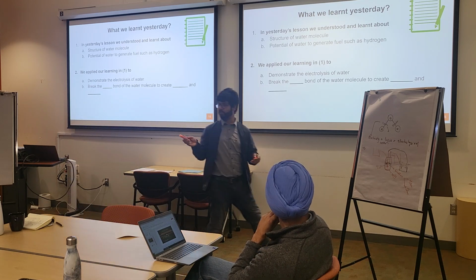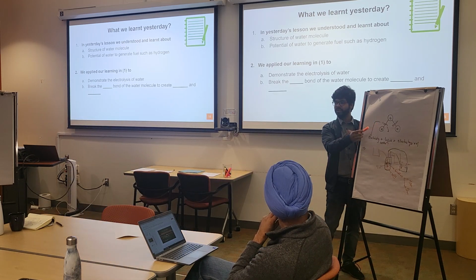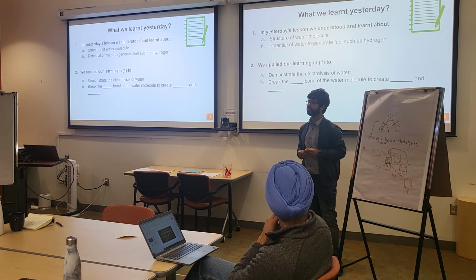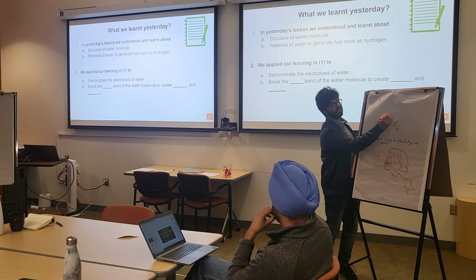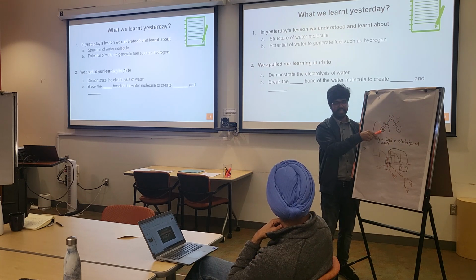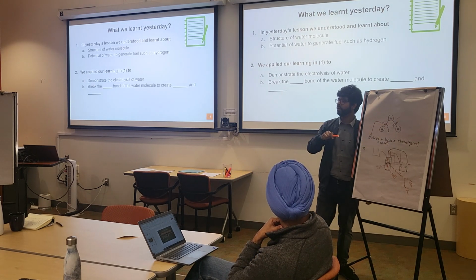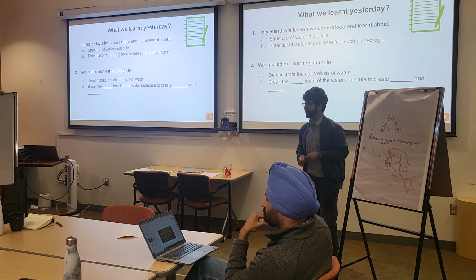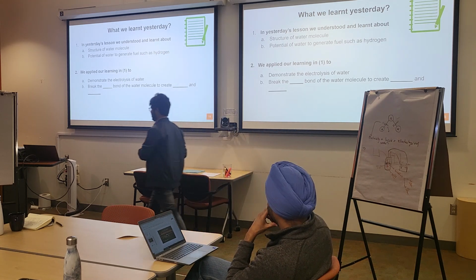So could you please focus here? What bond are we trying to break? So this is oxygen, and this is hydrogen, and we are trying to break the OH bond. Okay, is that all clear? OH, okay. Great, absolutely, that's fantastic.